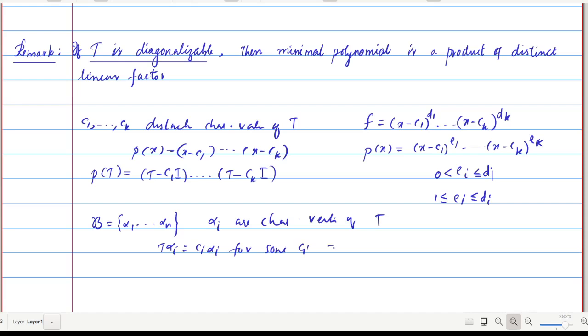So we have (T minus ci I) of alpha i equal to 0, for any alpha i belonging to B.